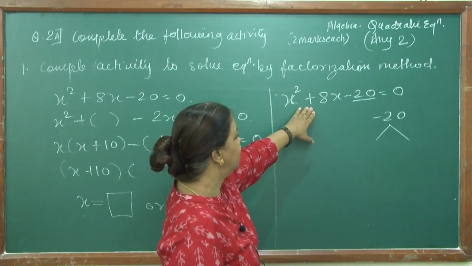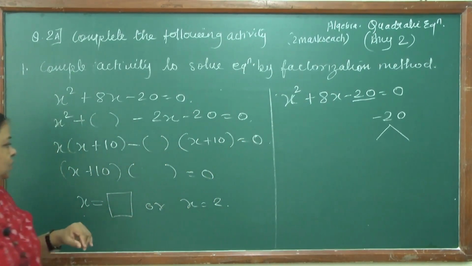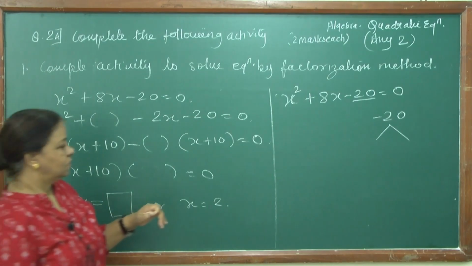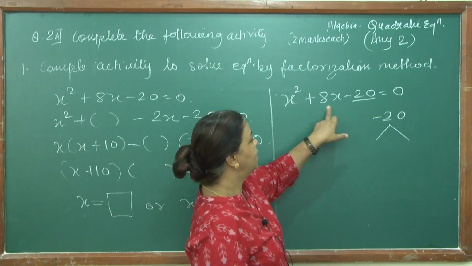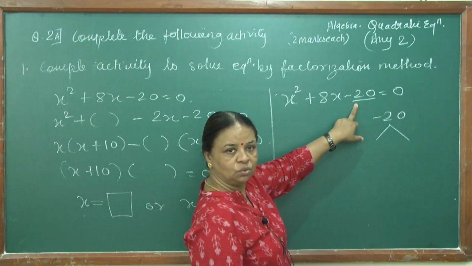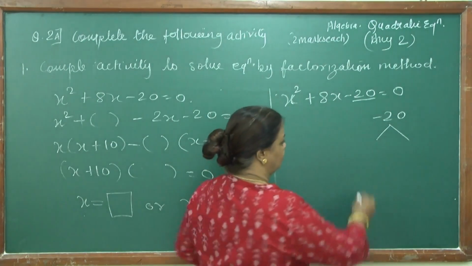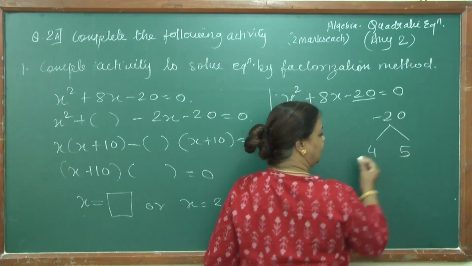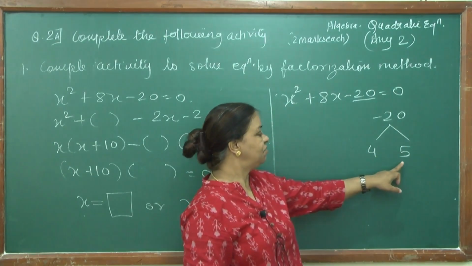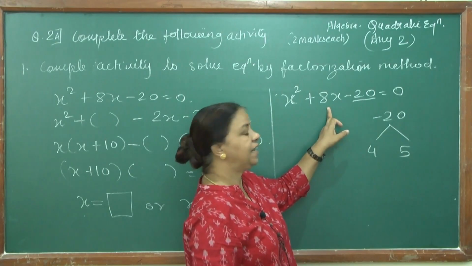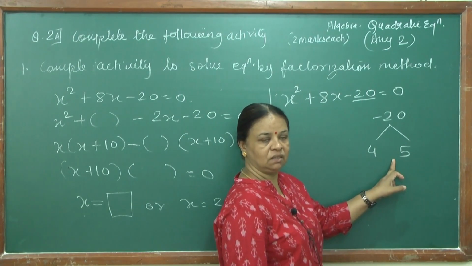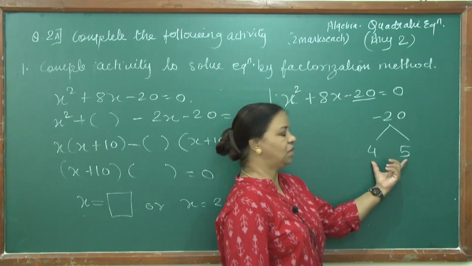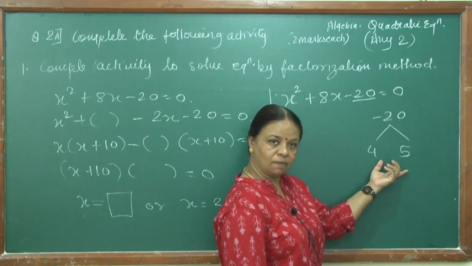Now in the middle we have 8x and here it is minus 20. So 4 5s are 20, 4 and 5, but 4 plus 5 will not give 8. It will give 9.